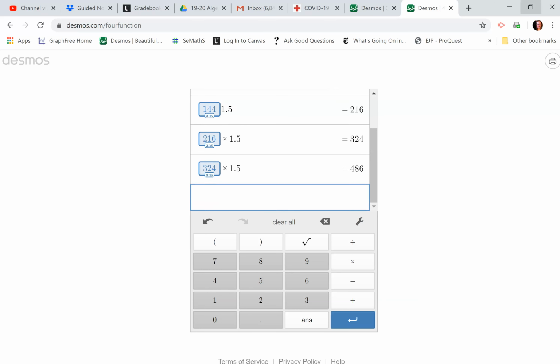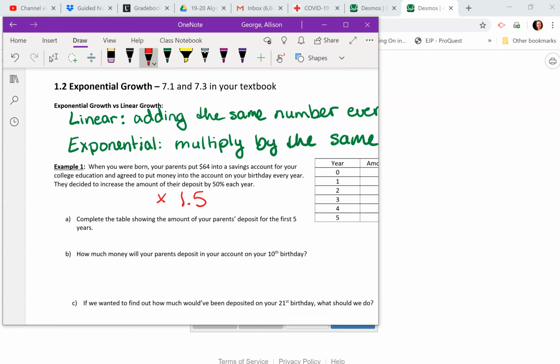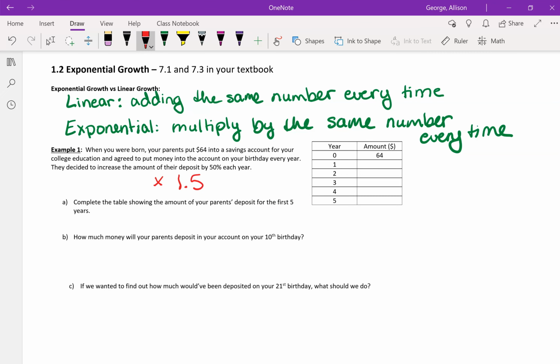So 486 is what we're looking for. All right, so jumping back to those notes, let's go ahead and fill in that table. So this is 96, 144, 216, 324, and 486. All right, so that's part A, is filling that in.